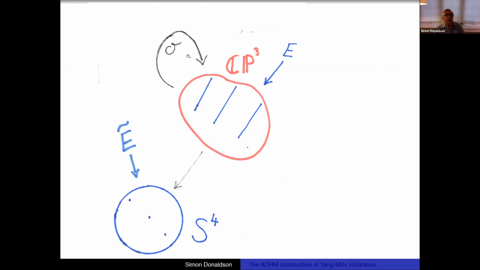Each one is preserved by this anti-holomorphic map sigma. And our Ward correspondence gives a correspondence between certain holomorphic bundles over CP3 and the instanton connections on a bundle E tilde over the four sphere that we want to study.